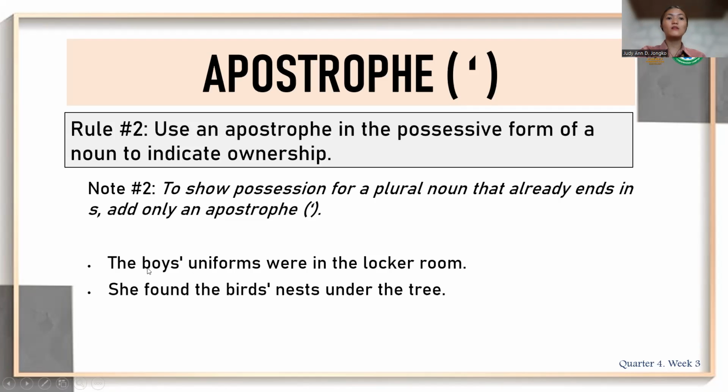Here in the sentence, we're talking about more than one boy. So we write the boys, then we only need to write an apostrophe right after the s. Another example is she found the birds' nest under the tree. The birds is a plural form, so all we need to do is add only the apostrophe.